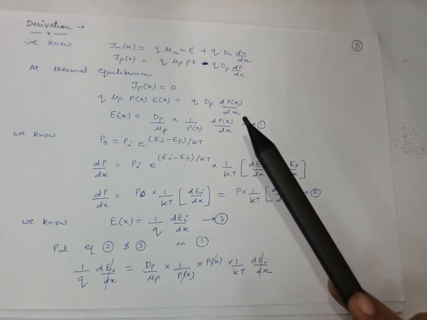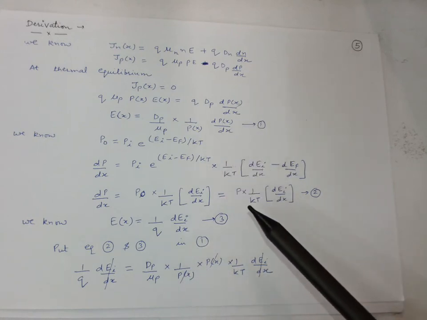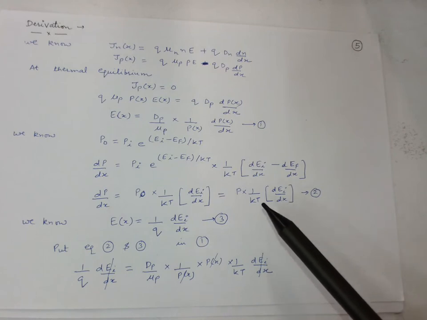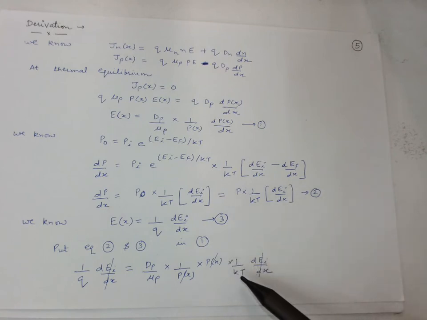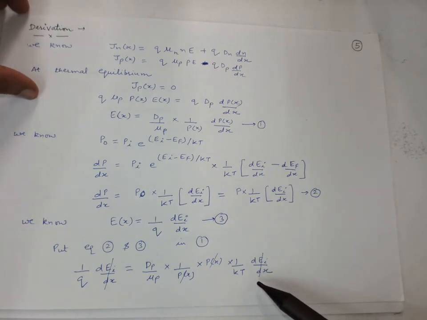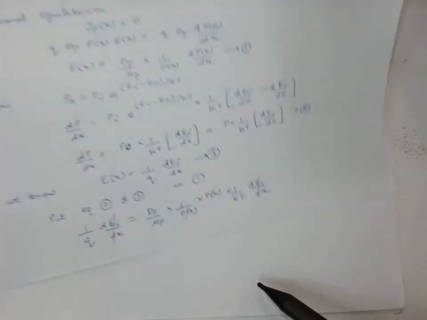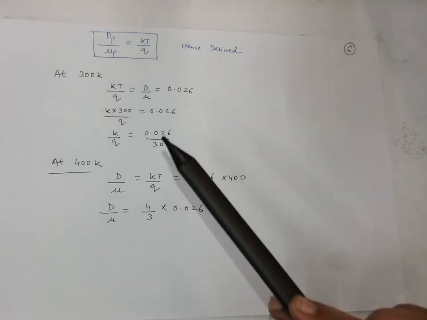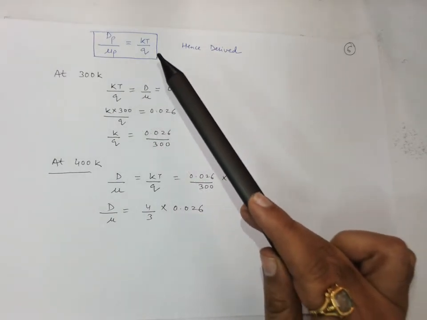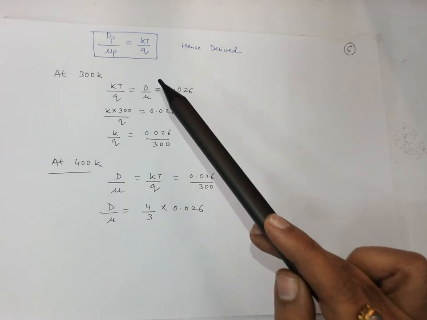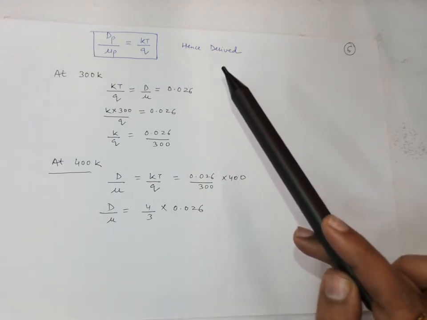In place of dpx by dx I substitute these values, so it is p 1 upon kT dEi upon dx. px cancels with px, dEi upon dx cancels with dEi upon dx. So I am left with the Einstein relation, which comes out to be Dp upon mu p is equal to kT upon q. Hence this particular relation is derived.